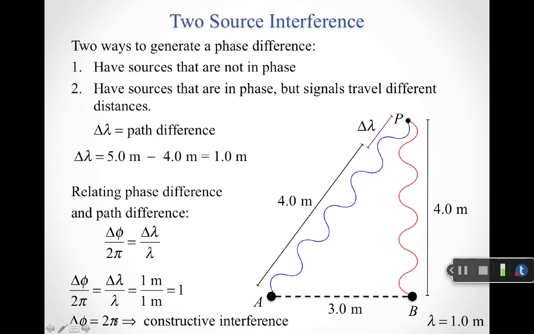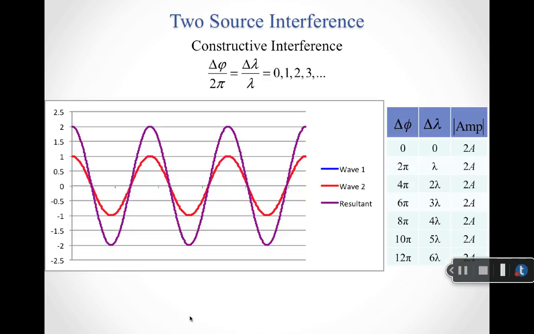And so special values of the phase difference, or special values of this ratio, the path difference to the wavelength, are going to tell me what type of interference I have. In this case, what this says is my waves have perfectly lined up again, and the name we give to it when waves perfectly line up is constructive interference.